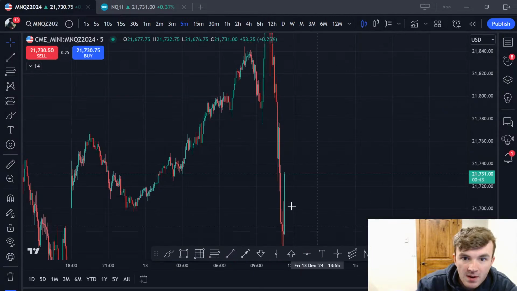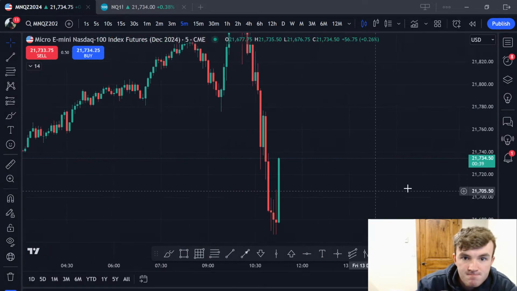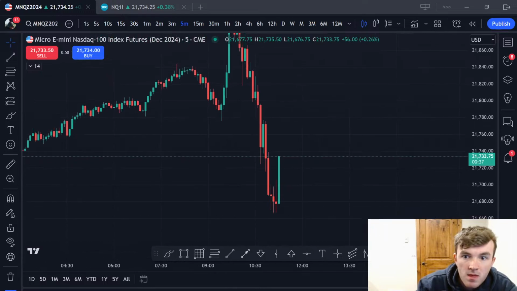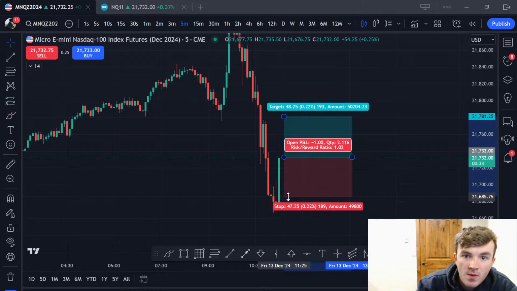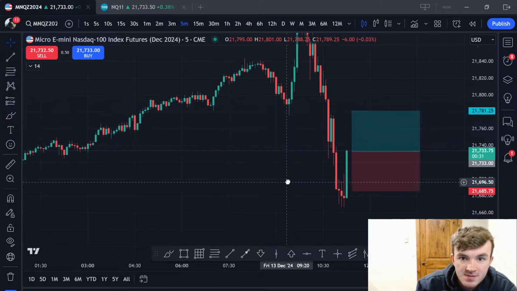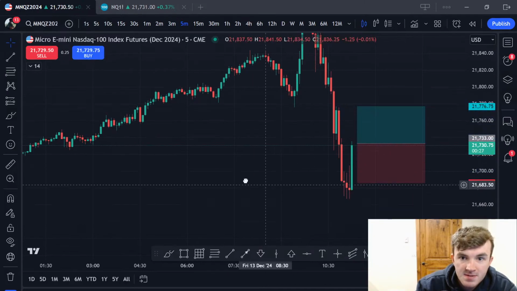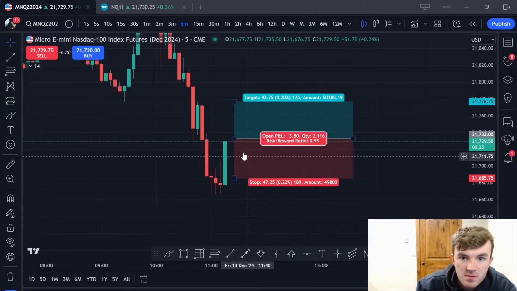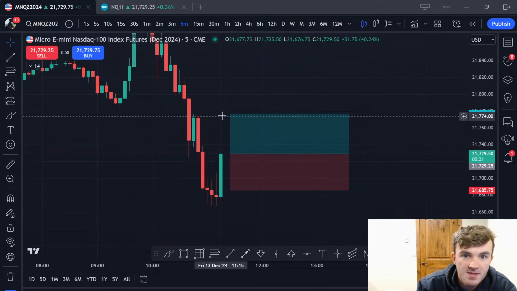If we can get on the chart in time. Maybe we'll wait for a BPR retracement, just because the close is too high. It's just not good enough RR. Nice, 1-to-1's fine.